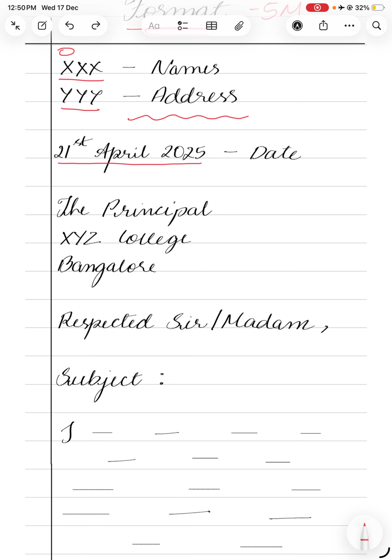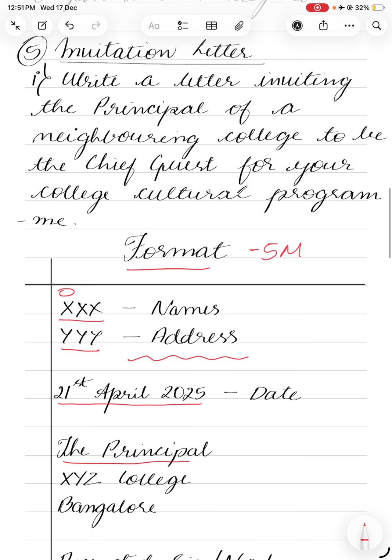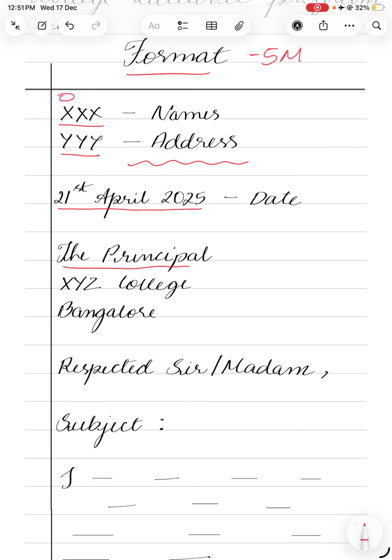Make sure when you're writing principal, sometimes in the question they might ask to write a letter to the principal. So you were already asked to write it to the principal. So when you're writing principal, sometimes you simply write principal and you don't write the at all. And sometimes you make a mistake over here.